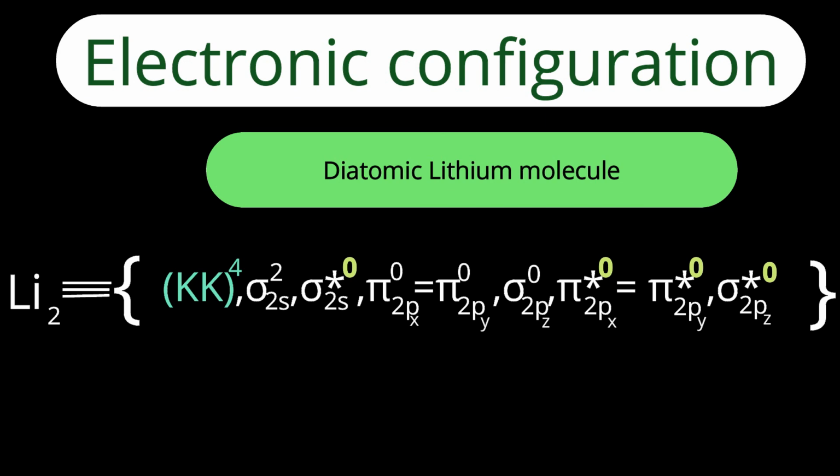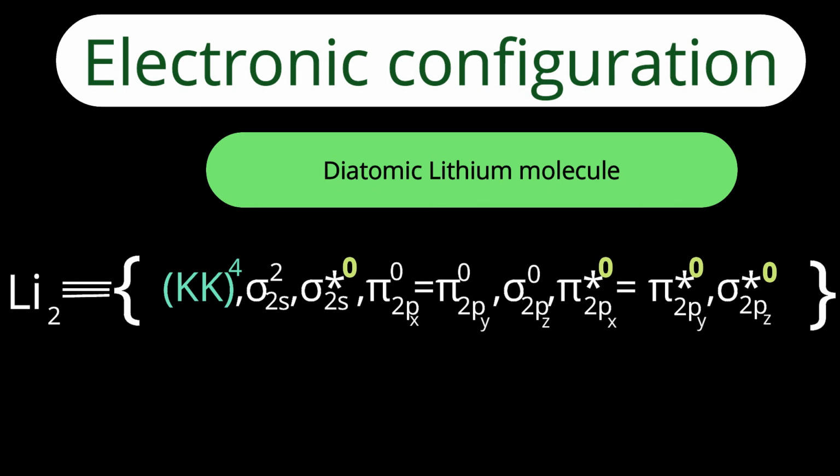And how many electrons are there in those non-bonding orbitals? 4. Afterwards, sigma 2s orbital, 2 electrons. Sigma star 2s orbital, 0 electrons, but the 0 is represented by yellow color. Why? Because the orbital is anti-bonding. So electrons in bonding orbitals are represented by white color, and electrons in anti-bonding orbitals by yellow color.